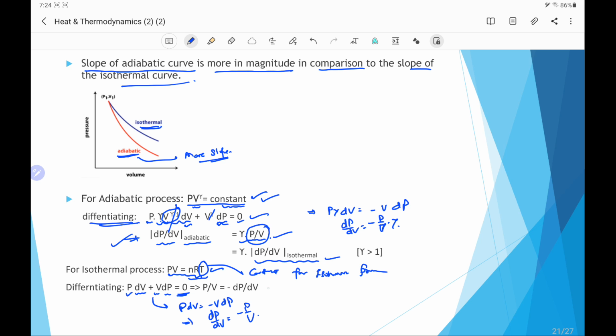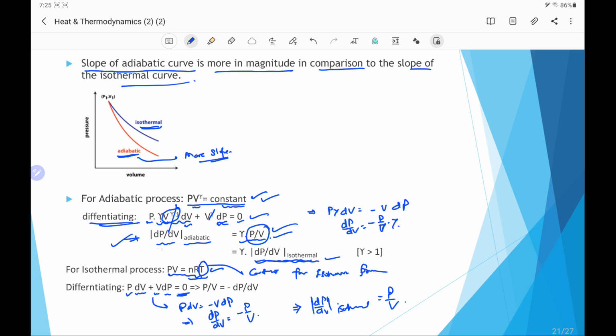So if we find the magnitude of this dP by dV, that is the slope of the isothermal graph, we have dP by dV magnitude for the isothermal graph equal to P by V. So this P by V is the slope of the isothermal graph.